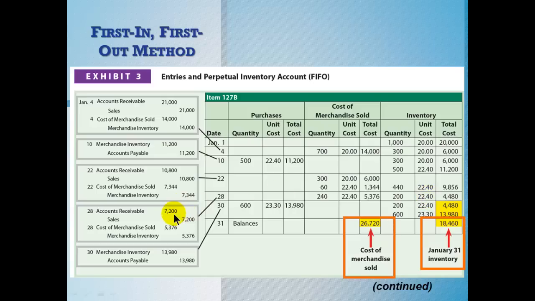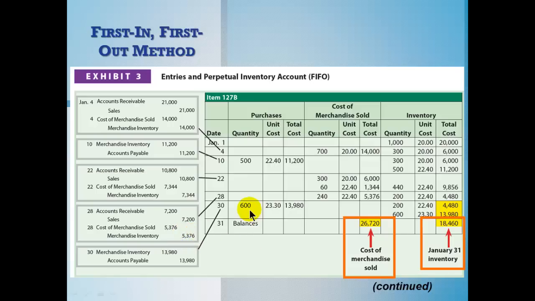And of course, the sale of 240 at $30 per unit gives me the 7,200, so there's that entry. And then the cost of sale is the same 240 units at the assumed cost, which was $22.40, and that's where my $5,376 comes from.